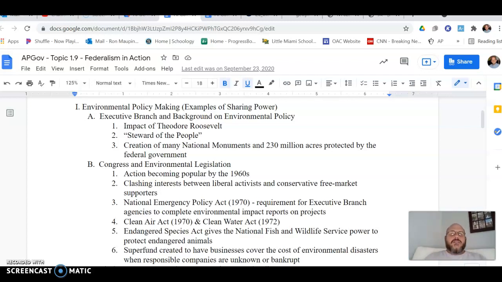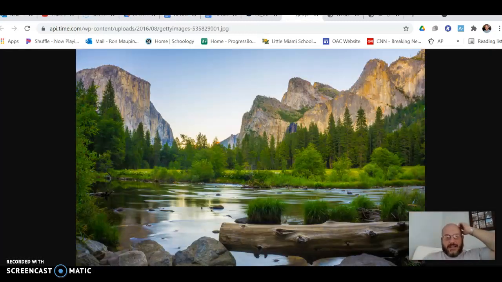Anyway, now, even though Roosevelt does not create the first national park, that's Yellowstone, that's done by Benjamin Harrison, Roosevelt is going to be responsible for the creation of more national parks than any other president in American history.